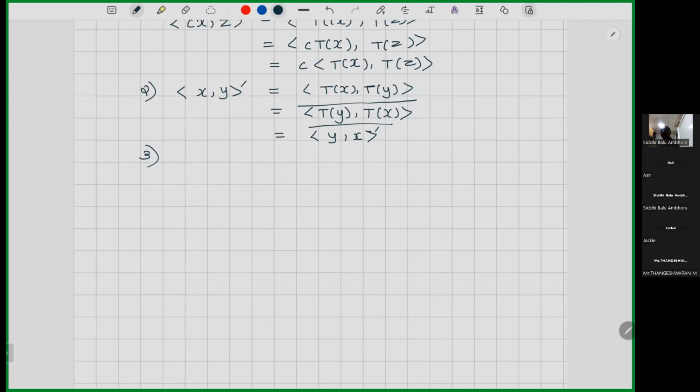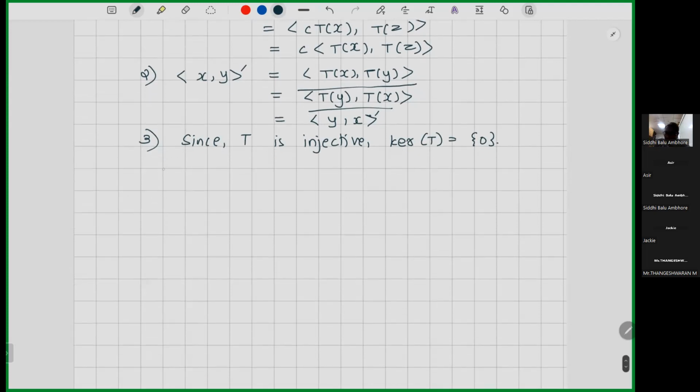Now the last one, the positivity part. Since T is injective, the kernel of T is just the zero element. If anything is going to zero, it is only the zero element. So if x is non-zero, then T of x is non-zero.